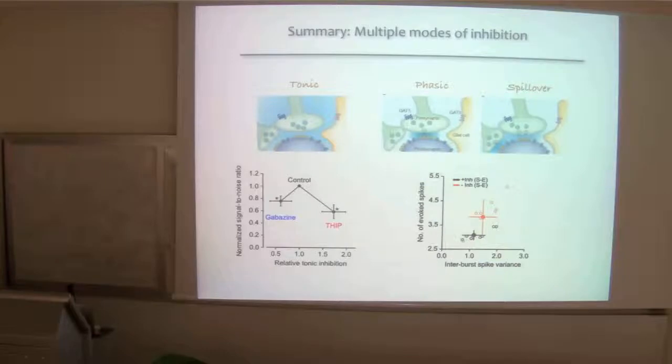I think something that is not intrinsic to the cell, or any signaling, is to have some modulation of it. But that's exactly it, because I showed the conductance levels: if you get low, you don't just get one set level. If you get smaller phasic, you get smaller spillover.